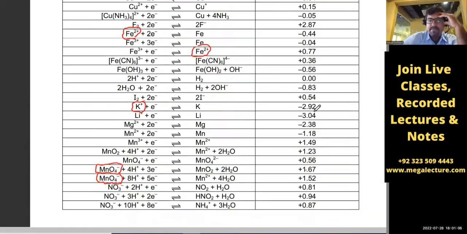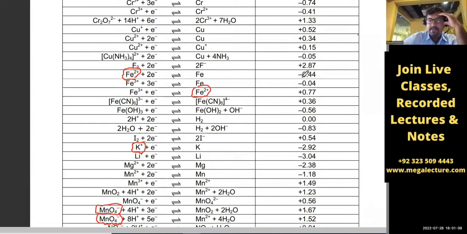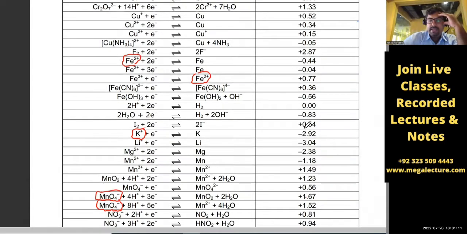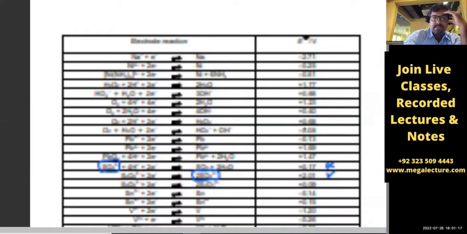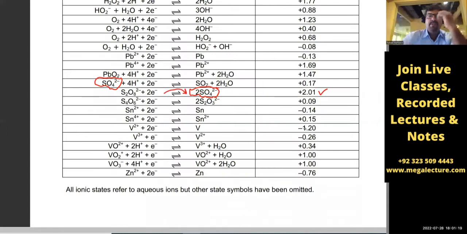It's more positive than all the rest. But you can't use that equation, because in it S2O8 is gaining electrons, not SO4 2-. So I'm going to cut that out, because it's not my reactant that's gaining electrons. Is this clear?